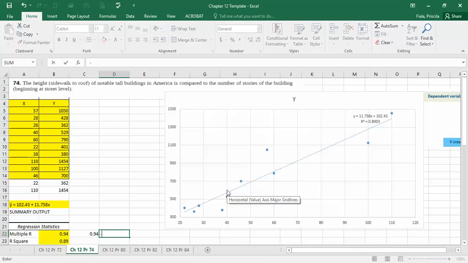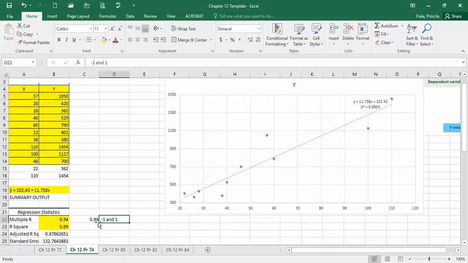Remember, my correlation is between -1 and 1, right? What this is telling me is that this is almost 1. It's a very strong relationship. Correlation, I'm sorry. It's almost 1 positive.